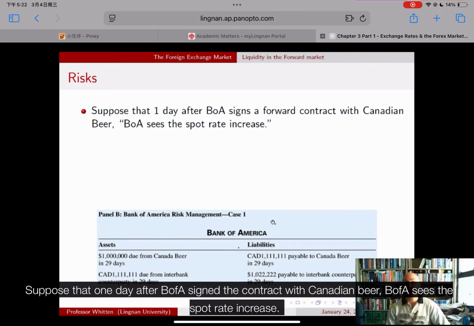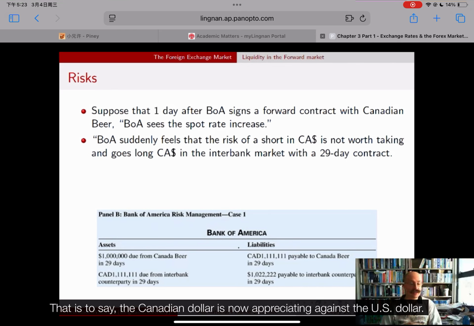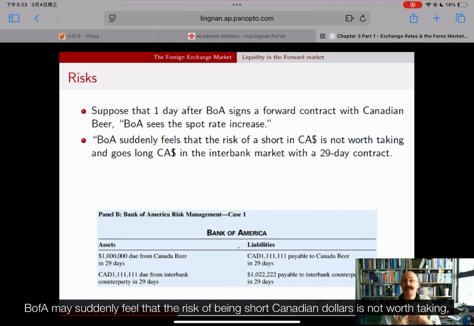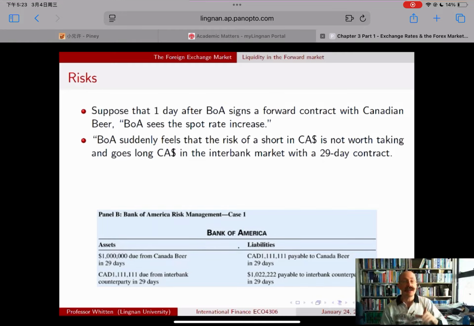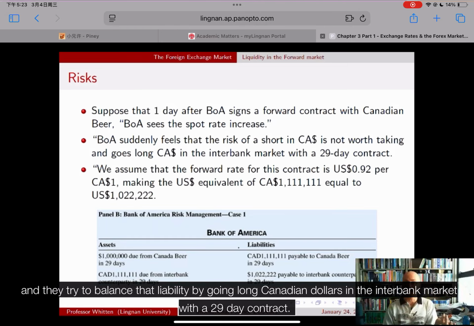Suppose that one day after BOA signs the contract with Canada Beer, BOA sees the spot rate increase. That is to say, the Canadian dollar is now appreciating against the US dollar. BOA may suddenly feel that the risk of being short Canadian dollars is not worth taking, and they try to balance that liability by going long Canadian dollars in the interbank market with a 29-day contract.